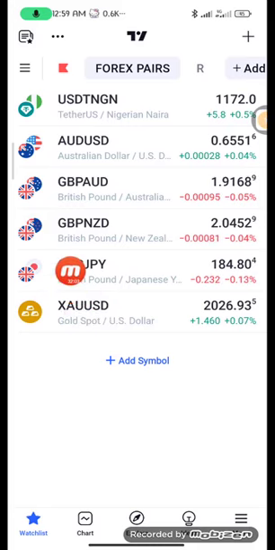So GBP is the base currency and JPY is the quote currency. What I'm trying to say is that you need 184 Japanese yen to buy 1 British pound. Do you guys get my point?